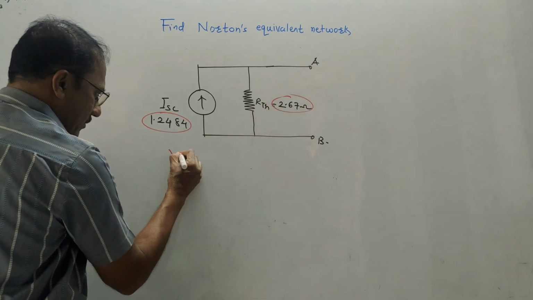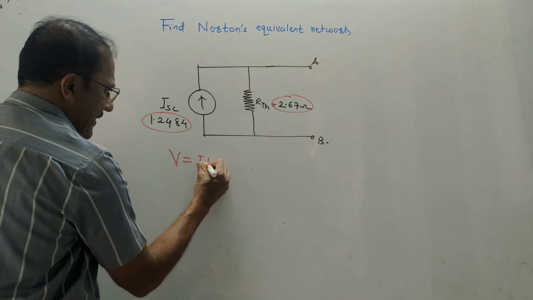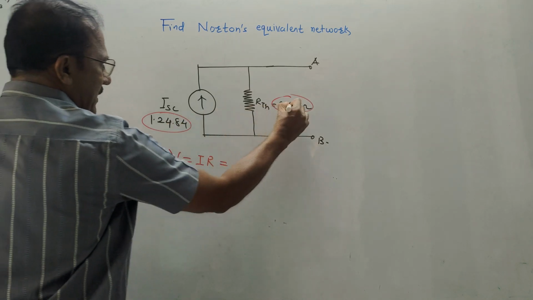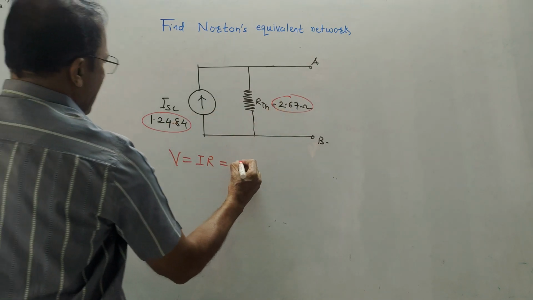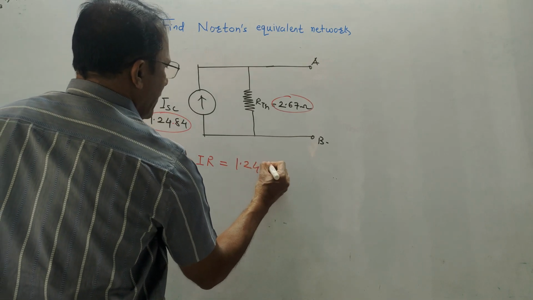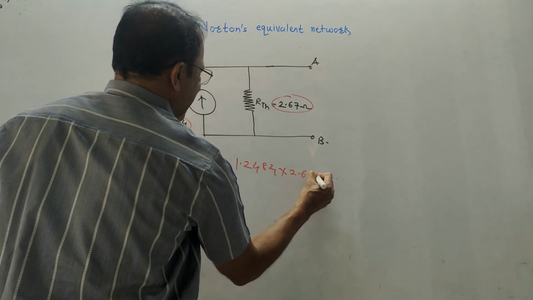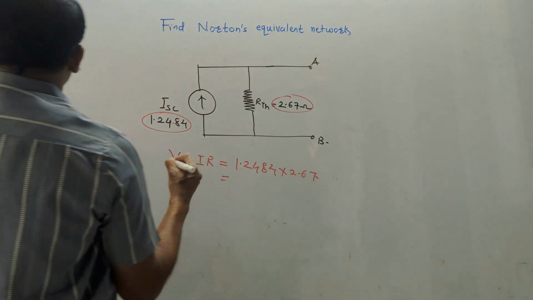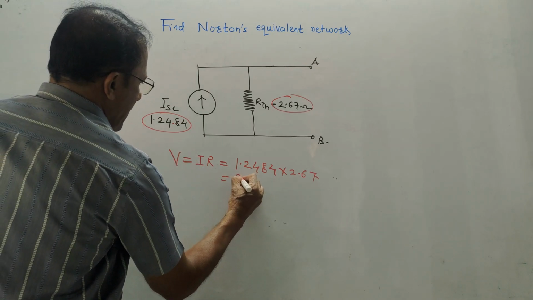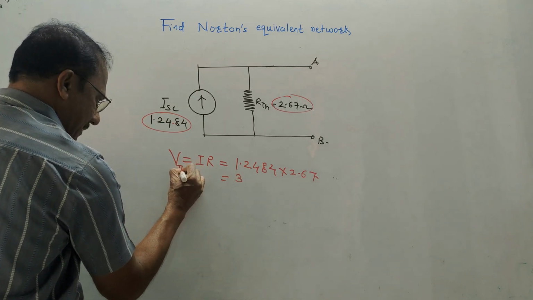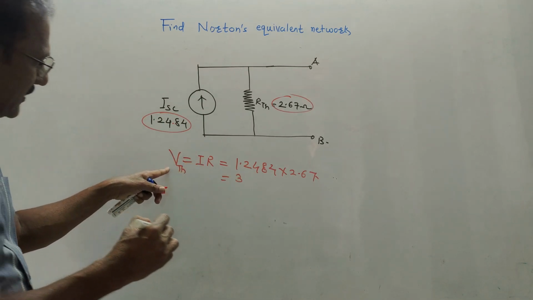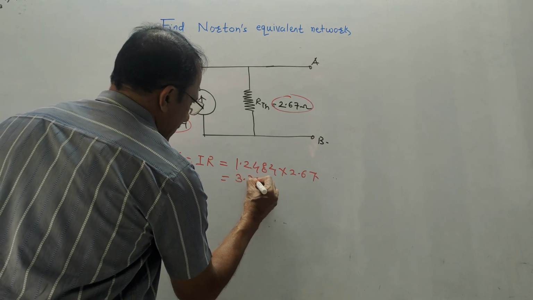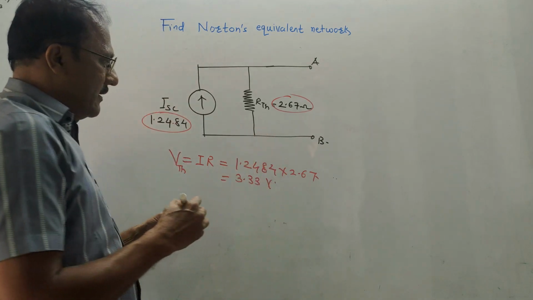We know Ohm's law, V is equal to I into R. Just perform multiplication of these two. So it is 1.2484 into 2.67. So this will give me the value of V, rather it is denoted by VTH, which is called Thevenin's equivalent voltage, which is 3.33 volts.